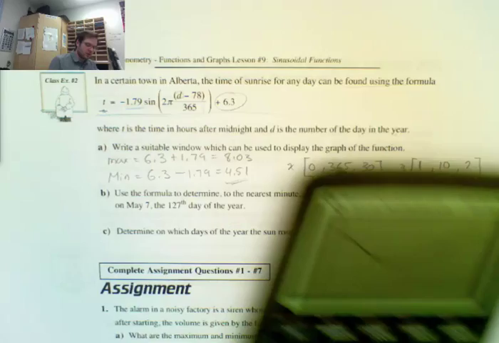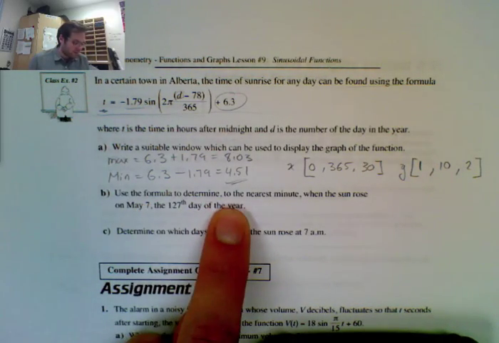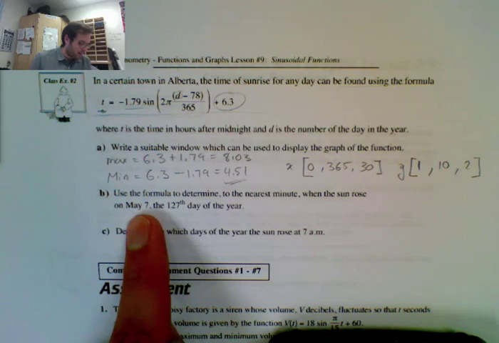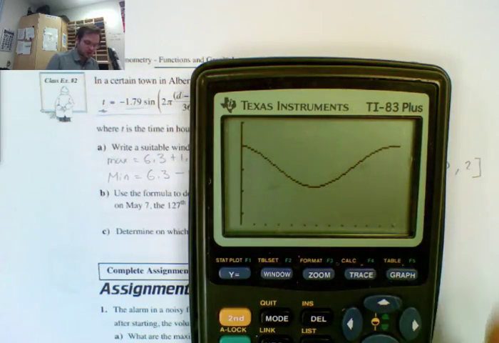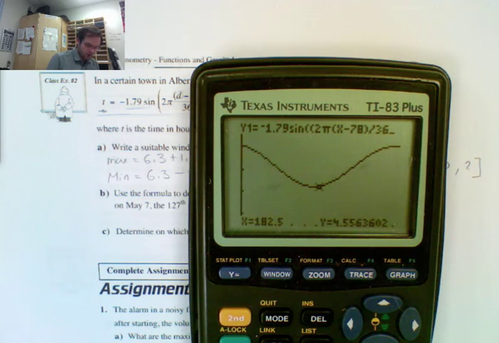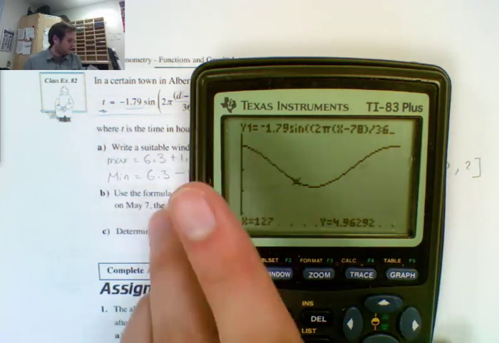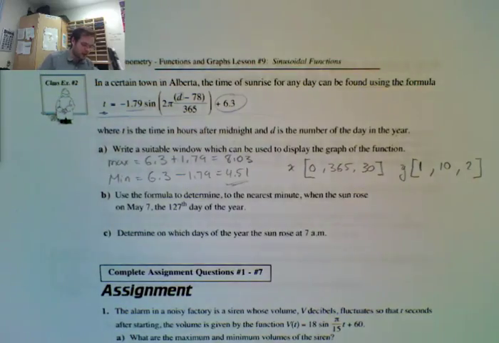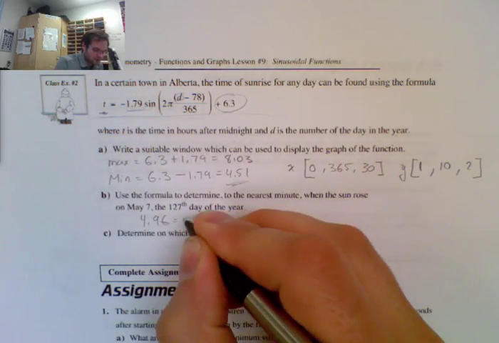Okay. So it says, use the formula to determine, to the nearest minute, when the sun rose on May 7th, the 127th day. So all I'm going to do here is go trace, and I want trace value, and 127, and that's going to give me 4.96. So we have 4.96 is equal to y.